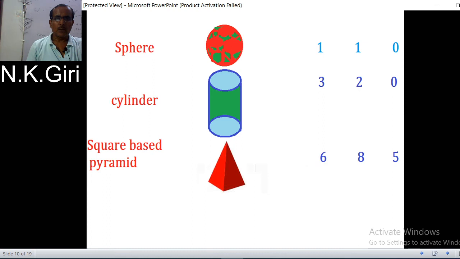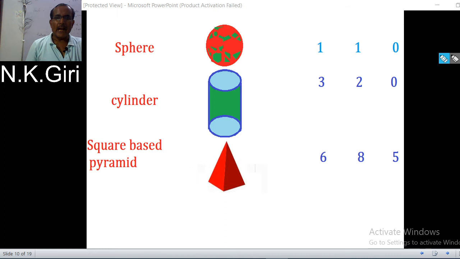Now we come to the next, the sphere, which is like a ball. A sphere has one face and one edge and 0 vertices. It has no vertices.